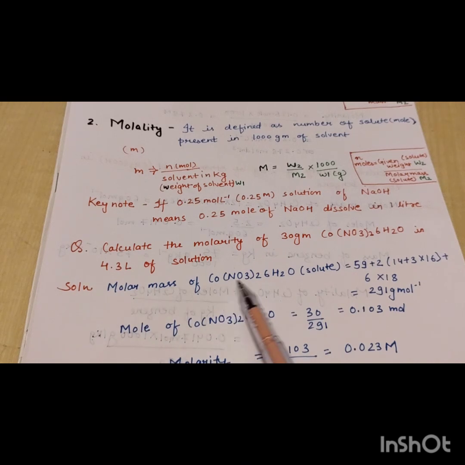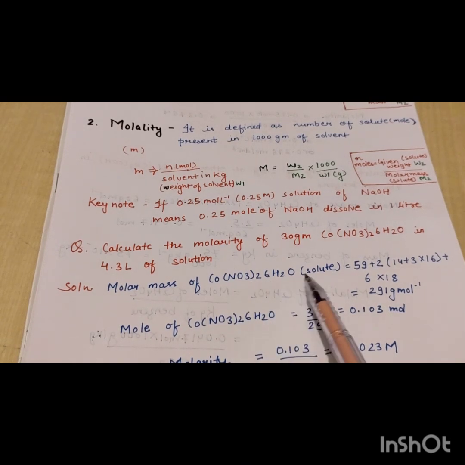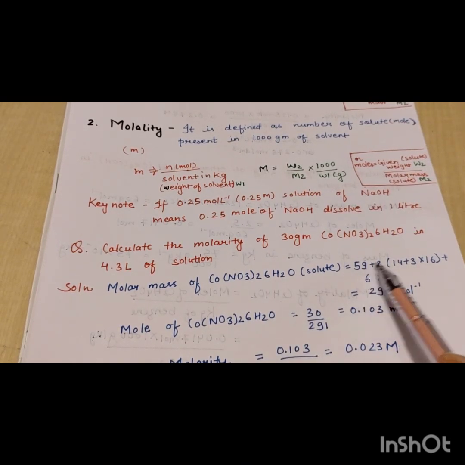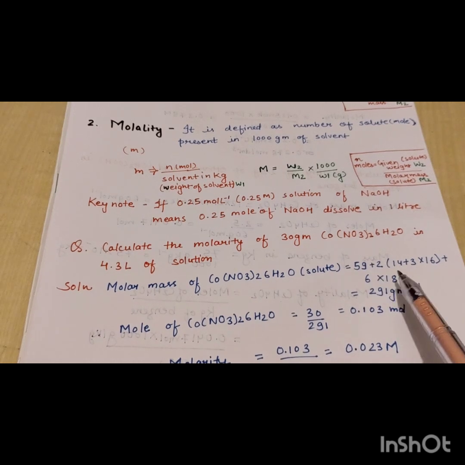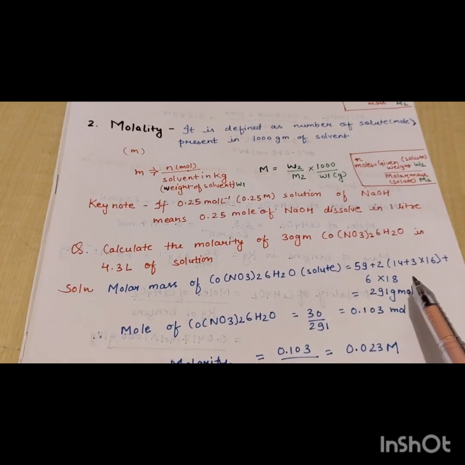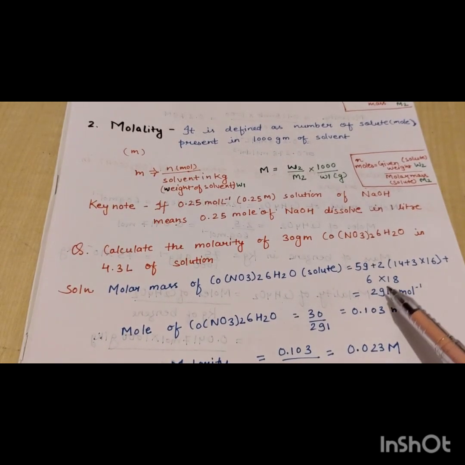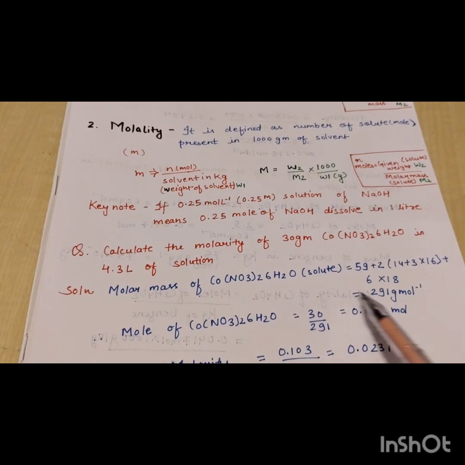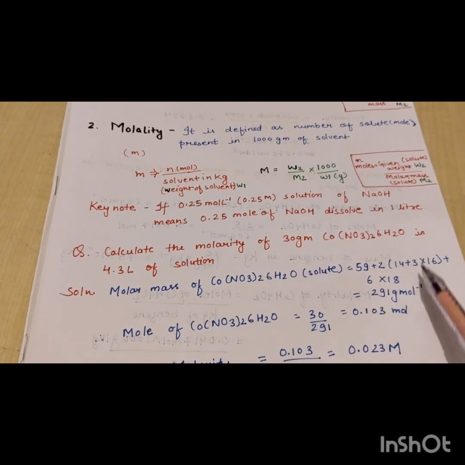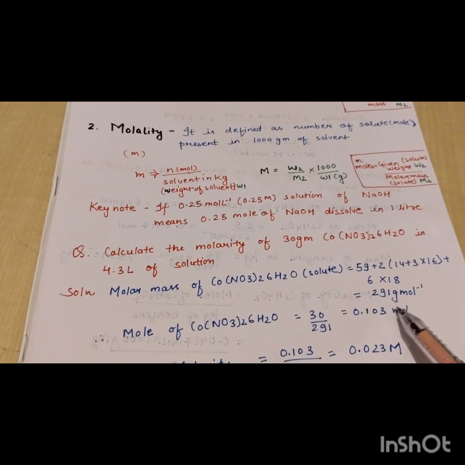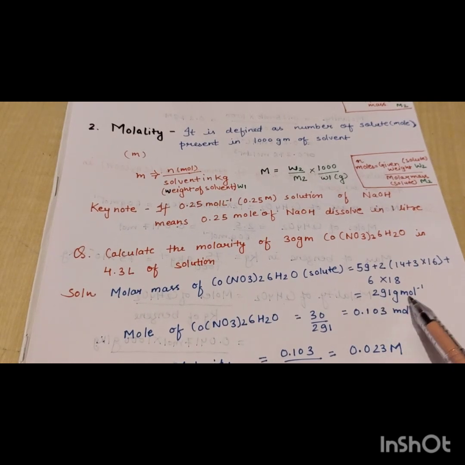First, the molar mass of the solute Cu(NO3)2.6H2O. We learned in a previous class how to calculate molecular mass: by adding all the atomic masses together, we get a molecular mass of 291 gram per mole.